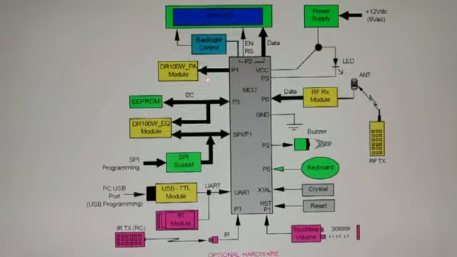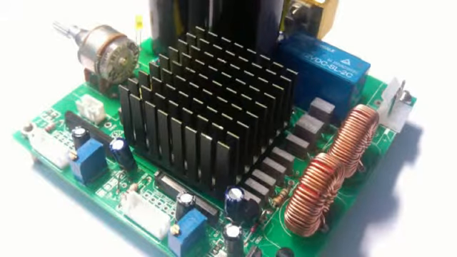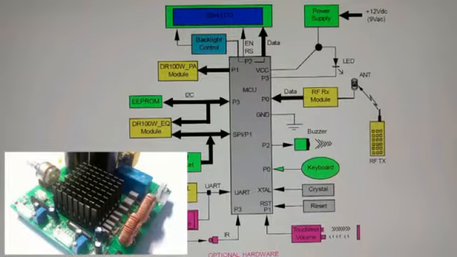As I mentioned, the standby mode is used to put the PA into sleep mode. The speaker mute is used to suppress any noises that are generated internally during the power on and power off stage of the PA, so that we will not hear this kind of noise in the speaker.